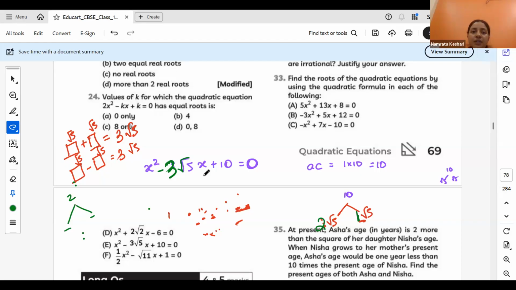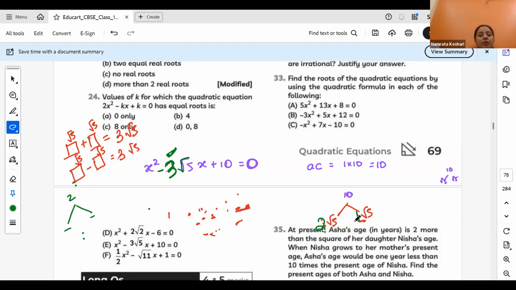But you are realizing the middle term is containing a square root. That means you are thinking that both the numbers must contain root 5. Now, apart from root 5, what will be there in front? That will give you an idea, this 3. Root 5 multiplied together is giving you 5, and 5 into 2 is 10.